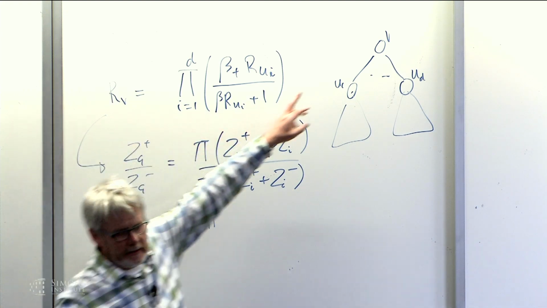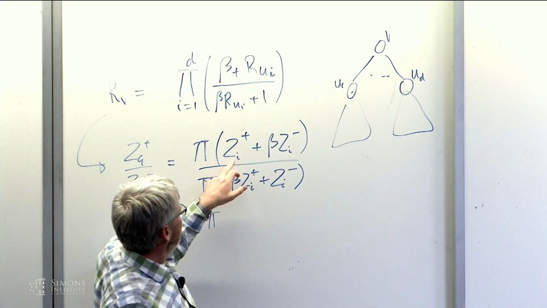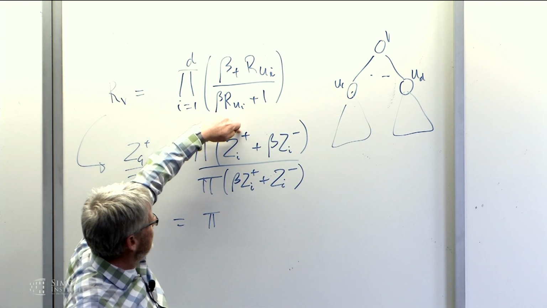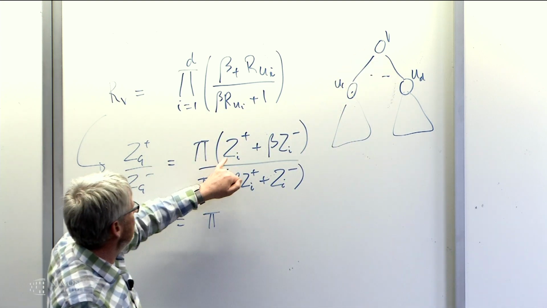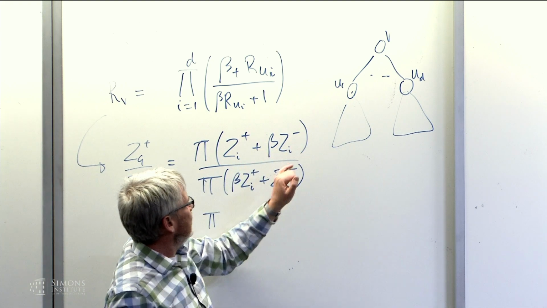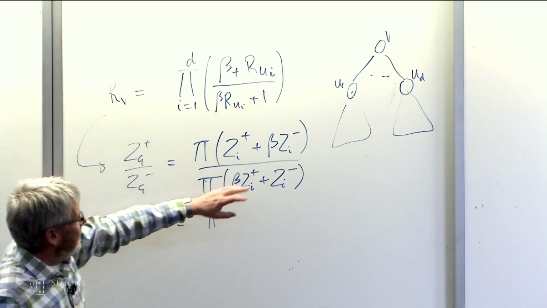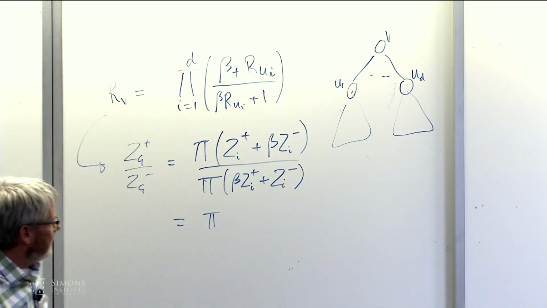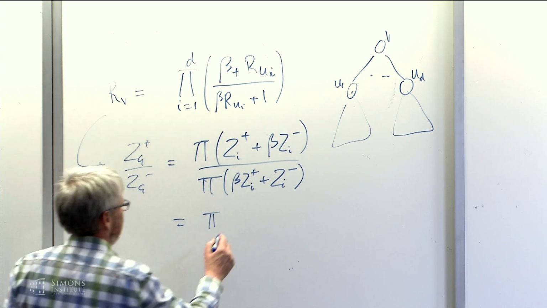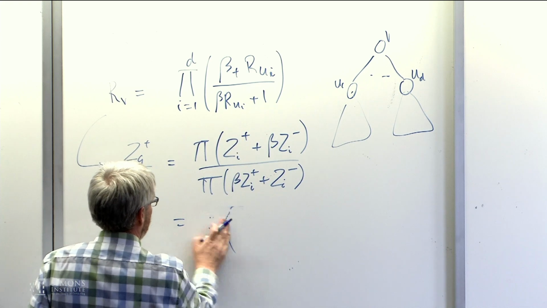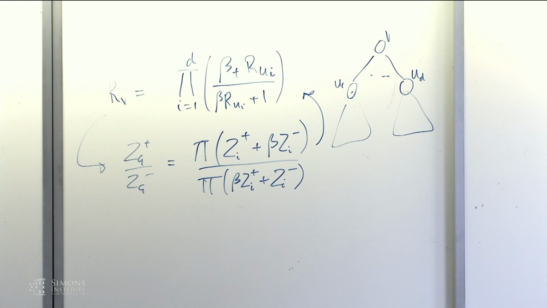When I put a plus at the root, from each subtree I get a contribution of Zi plus, which has no beta term, since I have a plus here and a plus here. In the case where I set this to be minus, I get a beta from the cut edge. And then it's the opposite way around on the denominator. Now I can just divide through by Zi minus to convert this into the form that I wanted.